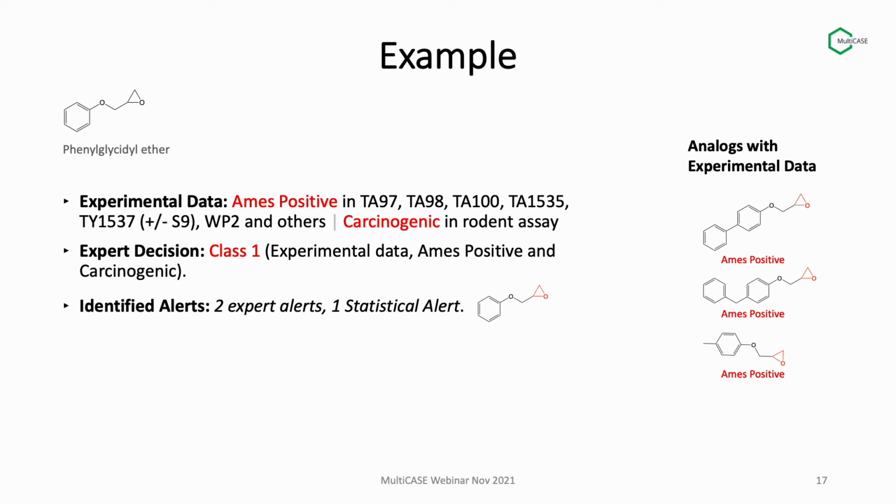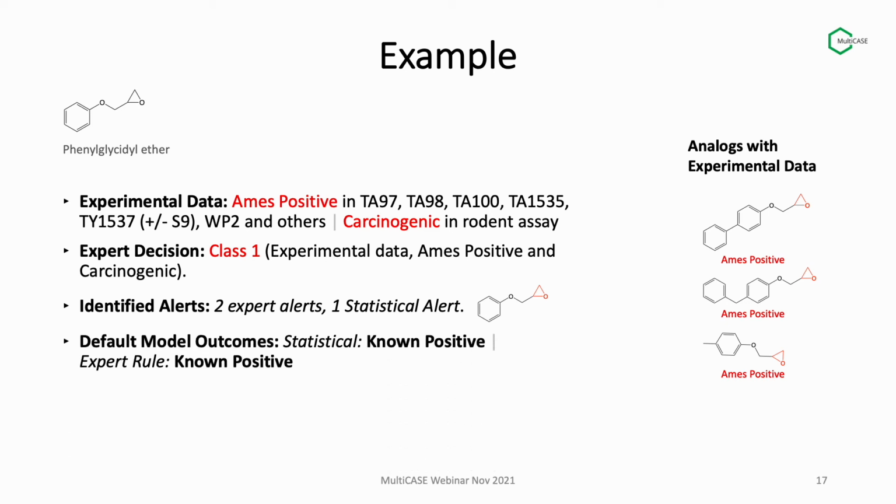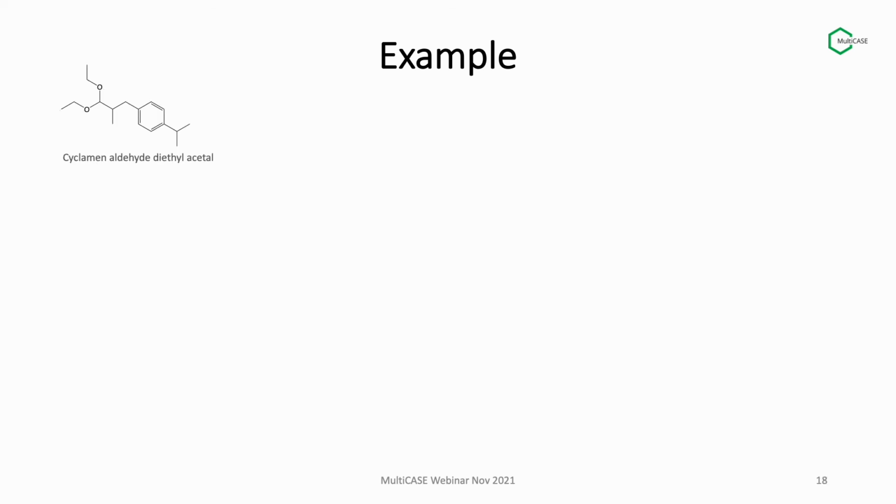That proves that the same alert can be positive in some cases and negative in other cases based on the structural environment around the alert. So that is why it is important to evaluate the alerts based on closely related analogs. And let's see the default model outcomes: known positive from both, which is expected, and this is a class 1 compound.